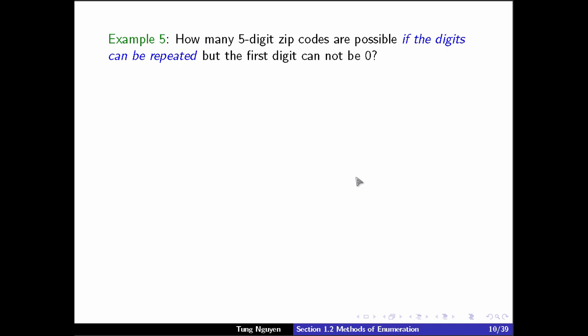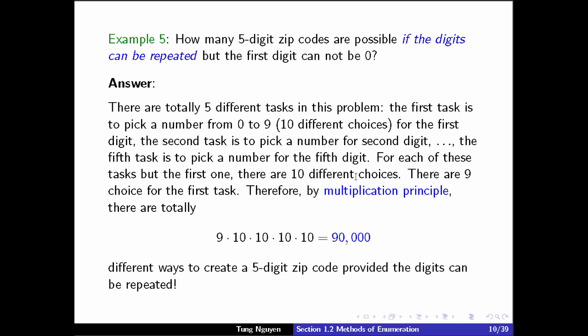Since we cannot use 0 for the first digit, there are only 9 choices when we pick a number for the first digit. The remaining 4 digits, we still have 10 choices. So the number of 5-digit zip codes this time will be 9 times 10 times 10 times 10 times 10, which is 90,000.